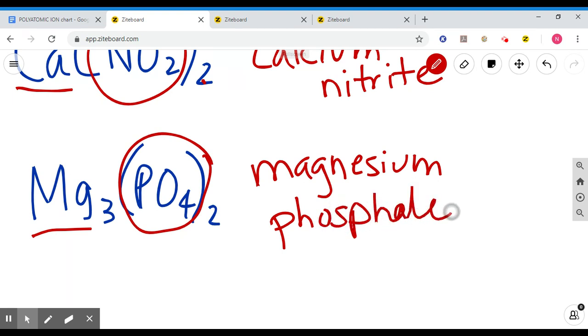So this is magnesium phosphate. Some students try to name every single individual element and they're like, this is magnesium phosphorus oxide. No, it's only going to be 2 words. If you find yourself trying to write 3 words, it is wrong. All right, so this is magnesium phosphate.